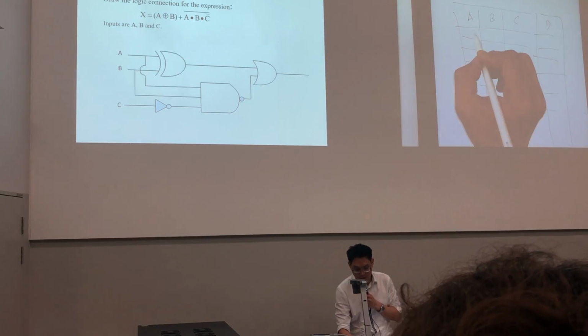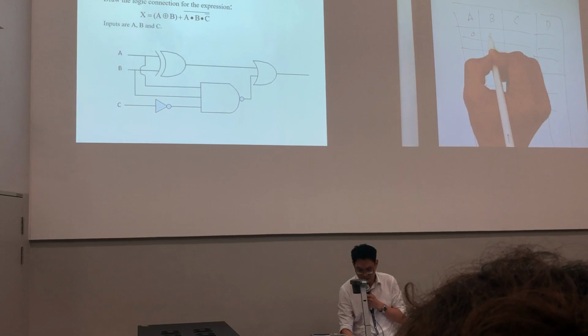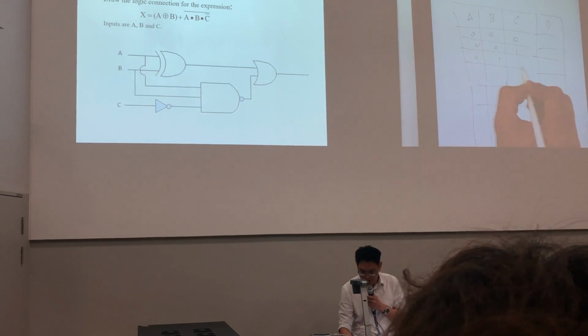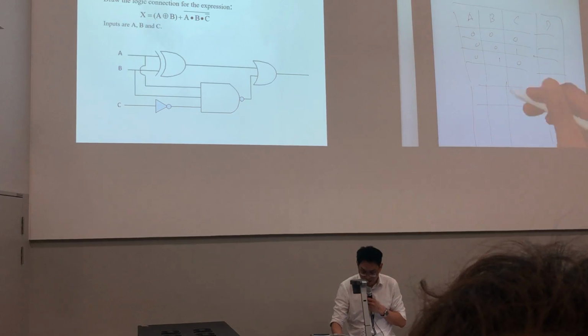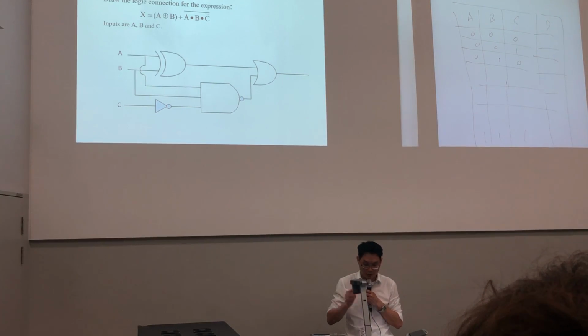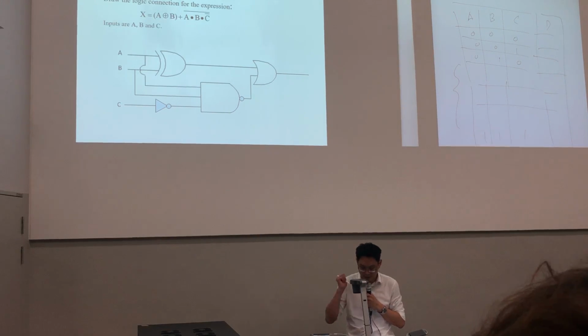What number should I put first? 0, 0, 0, then 0, 0, 1, is it? Then 0, 1, 0. Okay, etc. Until the last row, which should be 1, 1, 1, if I'm not wrong. In between here, you fill it yourself.